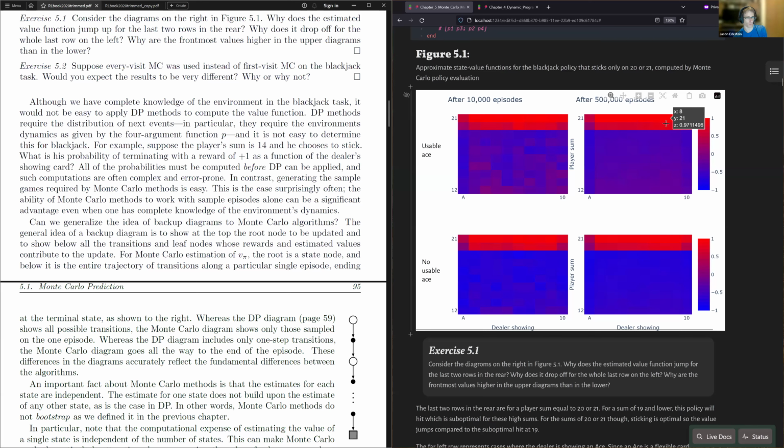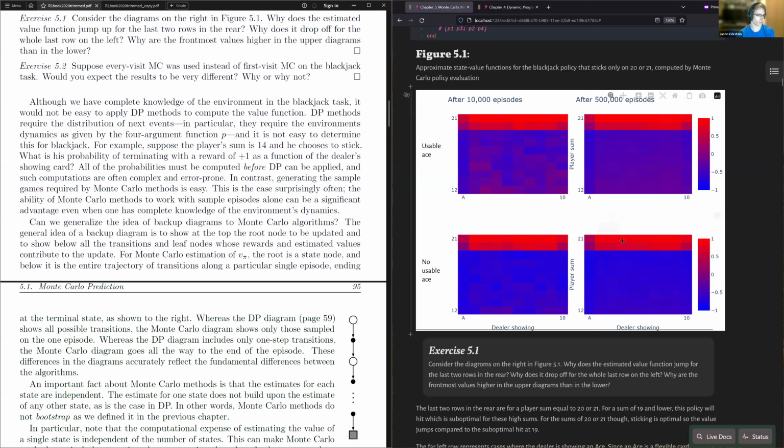Here it's almost 1, and here it's between 0.6 and 1. And then there is this very sharp drop off where all of these states actually have a negative value, which means that the player is expected to lose following this policy from these states.